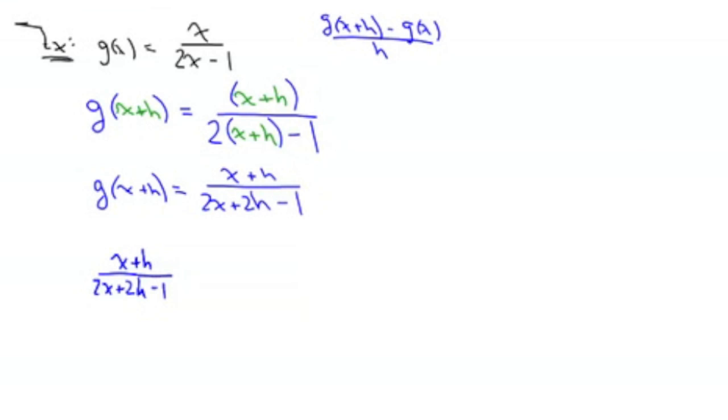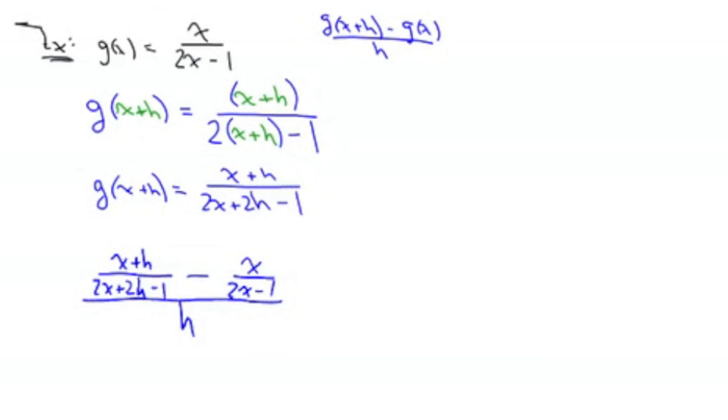Minus the second part of the formula, which is just g of x itself, the original function, x over 2x minus 1, all divided by h. So it's g of x plus h minus g of x divided by h.